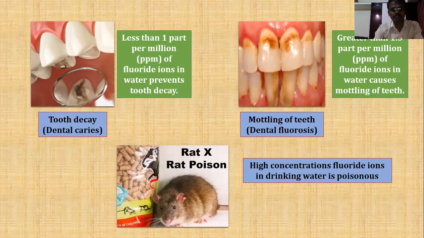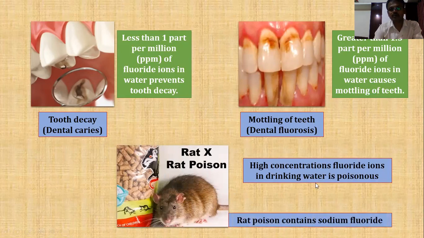Ratex, which is a rat poison used to kill rodents like mice and rats, contains mainly sodium fluoride. This is what I am talking about. So if excessive fluoride ions are present, it can be poisonous.